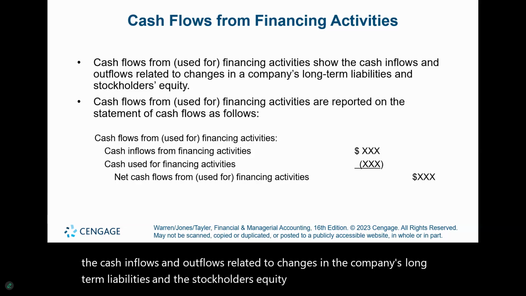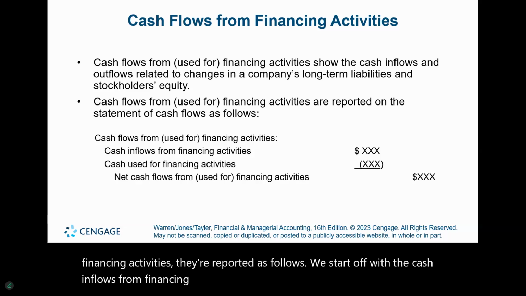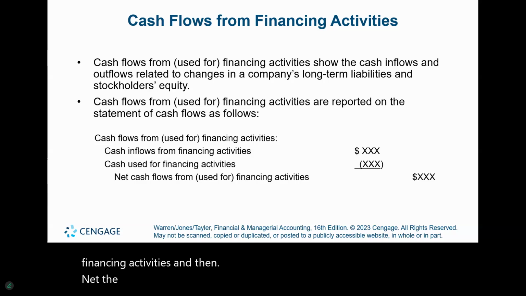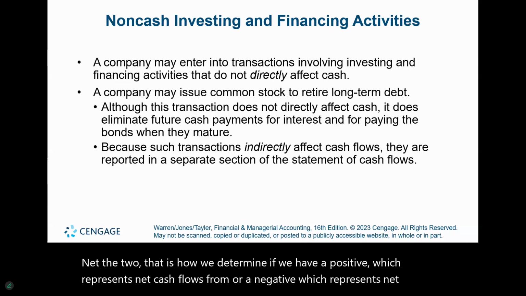They're reported as follows. We start off with the cash inflows from financing activities. We factor in the cash flows used for financing activities. And then when we net the two, that is how we determine if we have a positive, which represents net cash flows from, or a negative, which represents net cash flows used for.